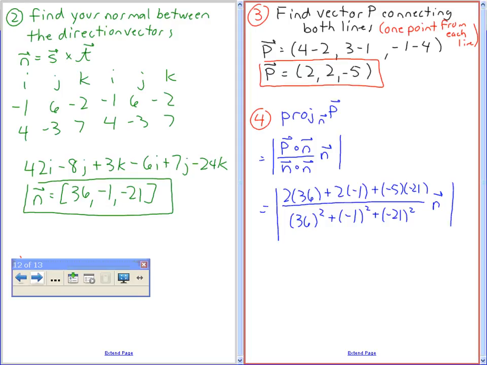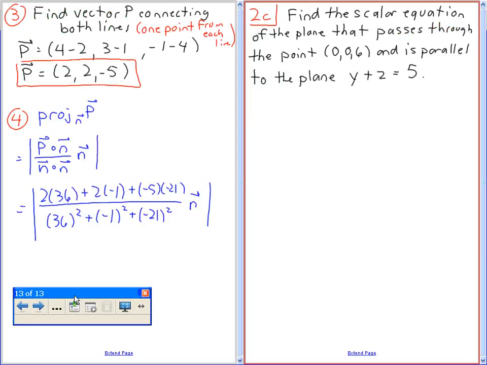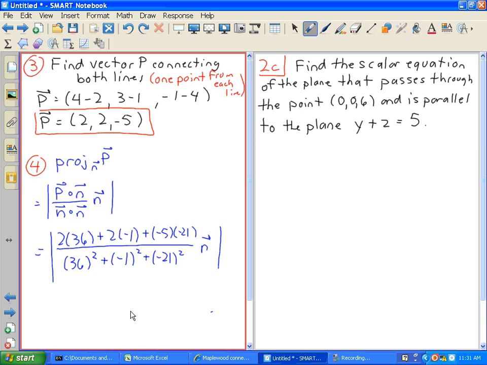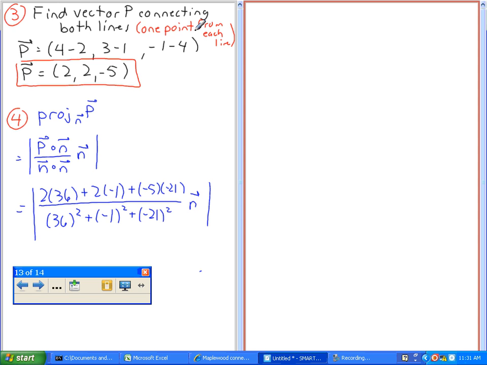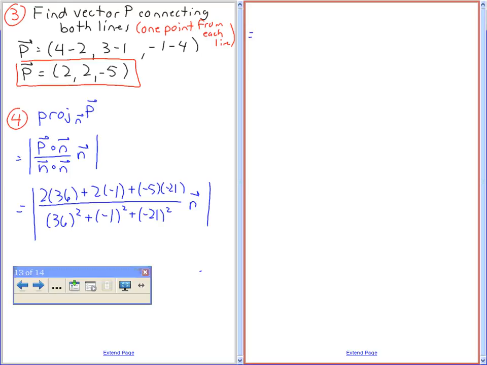Remember, the magnitude means distance, right? So it's going to be distance. So this is going to be the magnitude of 72 minus 2 plus 105 all over the denominator. 7038.